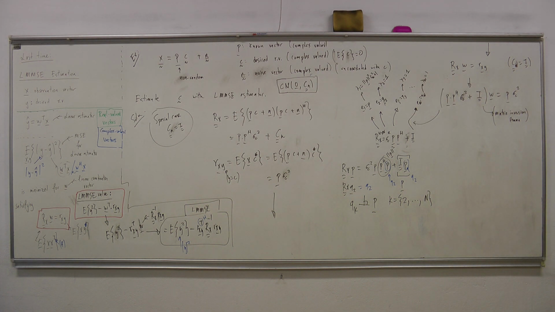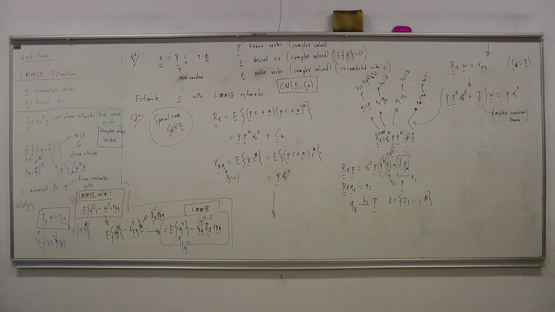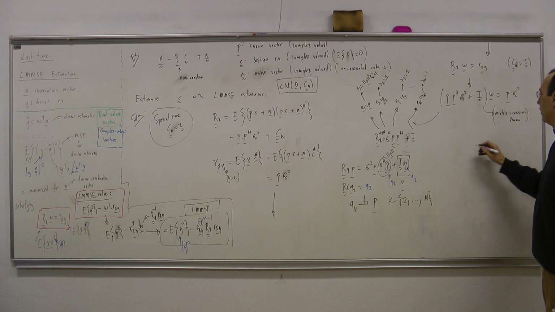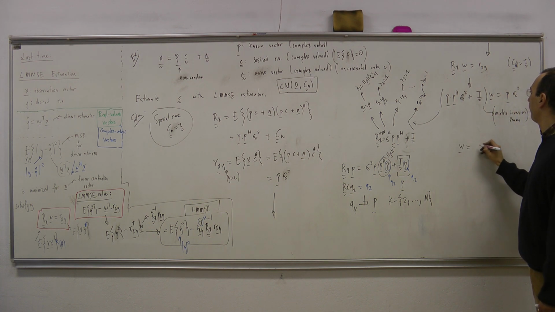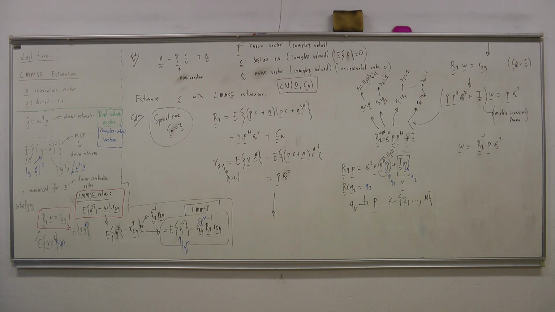Now you may wonder, we have found these eigenvectors, but is it good for our purposes? It's indeed very good, because as you see over here, I have P. This is our W, which is Rx inverse P times sigma C square.